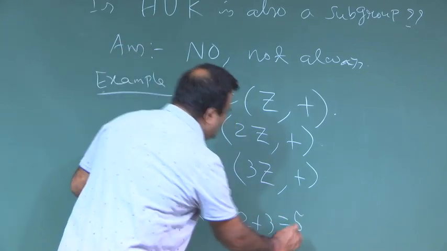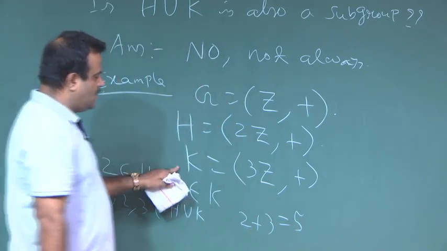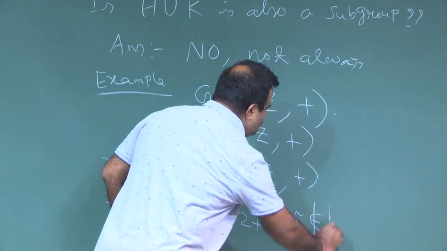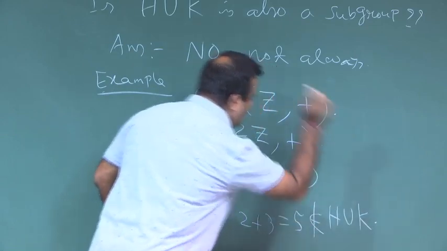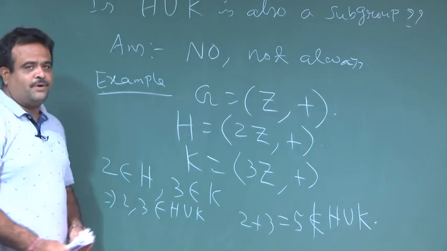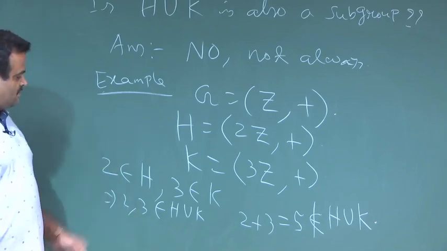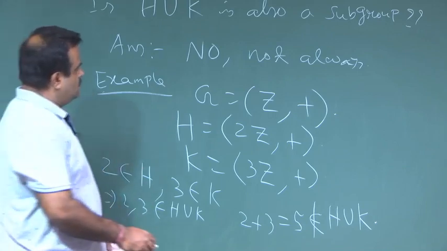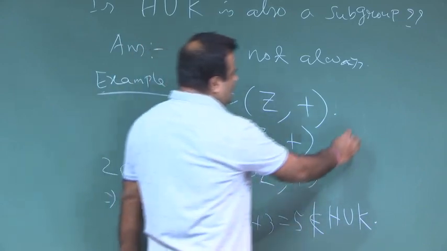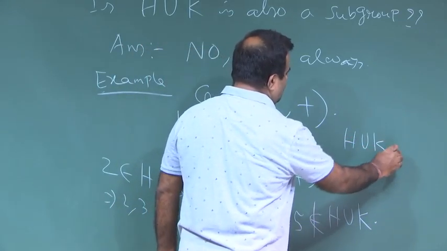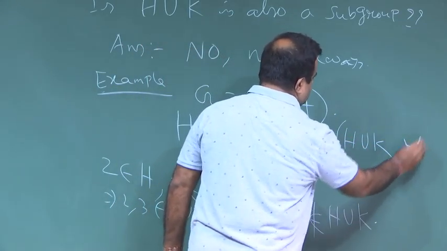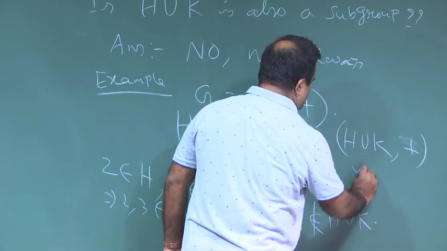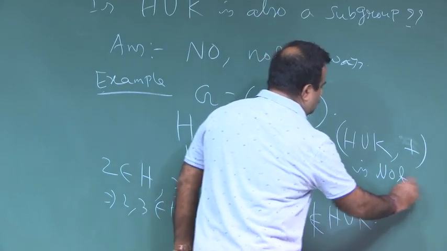So, 5 neither belongs to H nor belongs to K. So, 5 does not belong to H union K. This implies the closure property fails, so that means this is not a subgroup. So, this is an example where H union K, under plus, is not a subgroup.